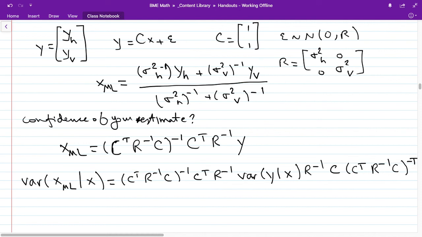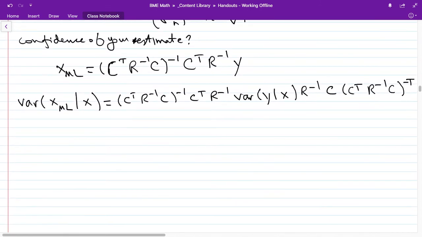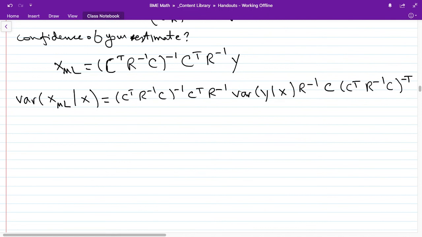So it's the quantity times the variance times the quantity transposed. That's the variance of this random variable. Okay, so look at it. Variance of y given x is just R.